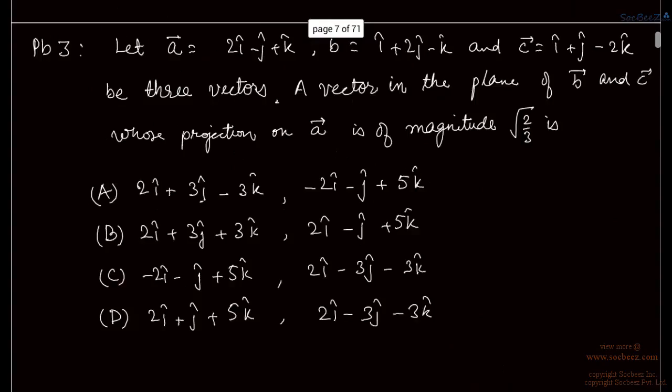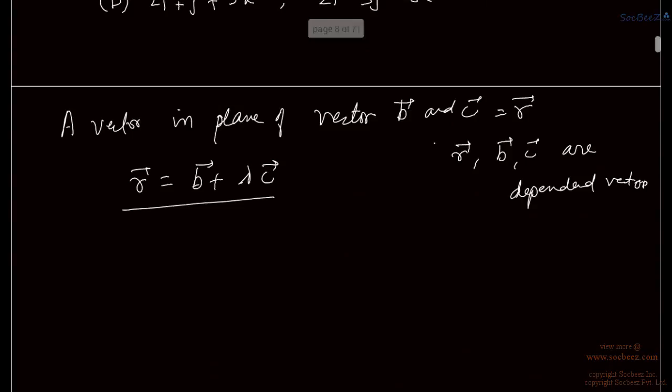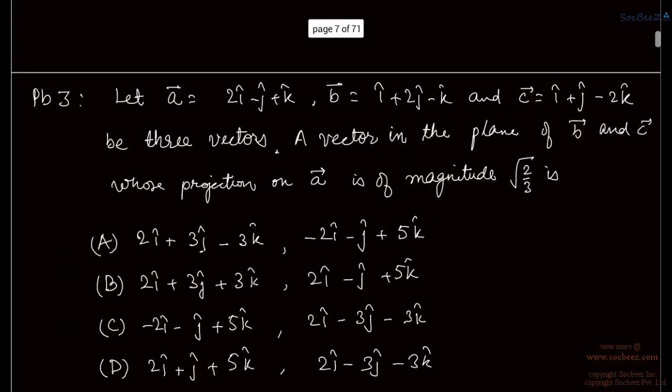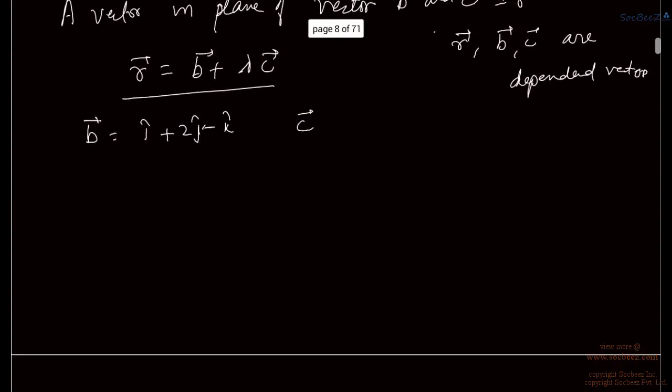So vector B is given as i plus 2j minus k, and vector C is given as i plus j minus 2k.